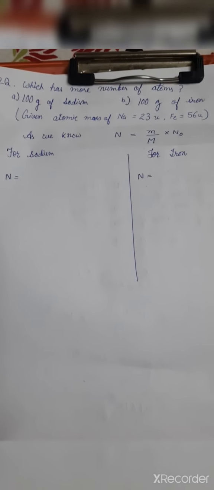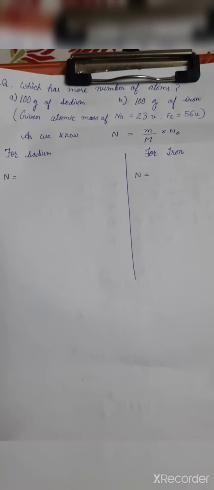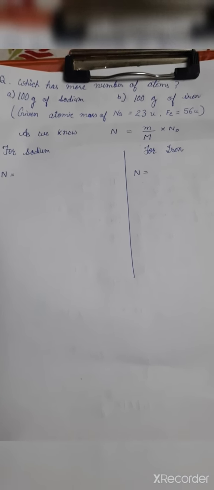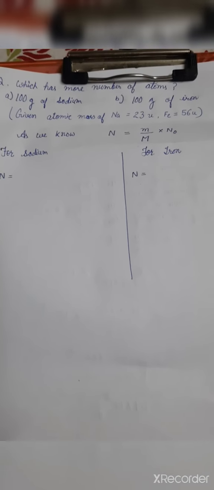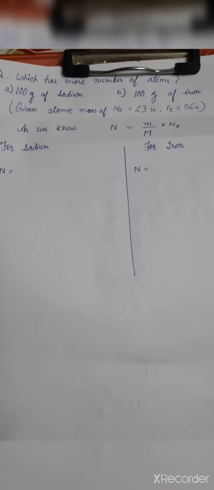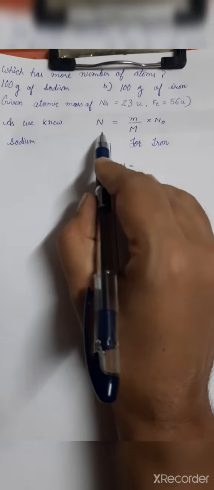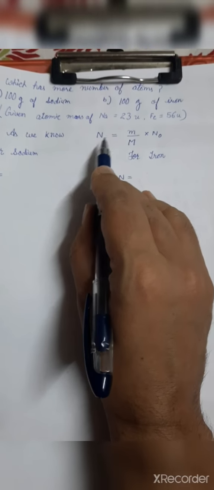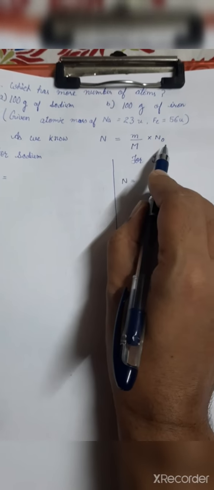Question number 2. Which has more number of atoms? 100 grams of sodium or 100 grams of iron. Given atomic mass of sodium is 23 u and of iron is 56 u. As we know, number of atoms can be calculated as N equals m upon M into N naught.